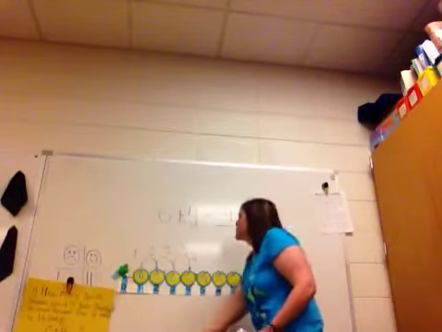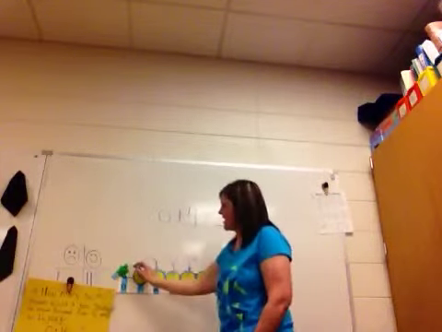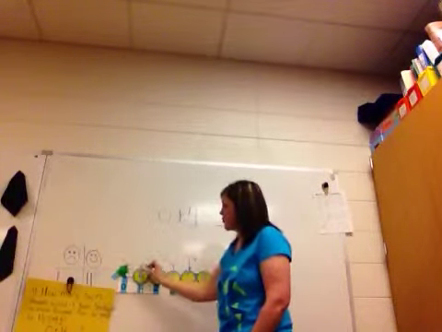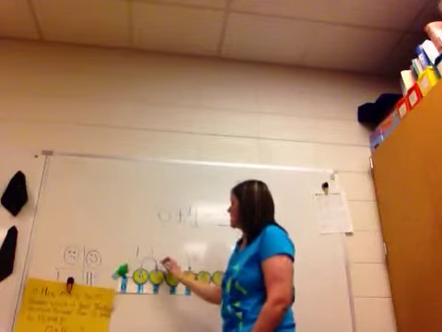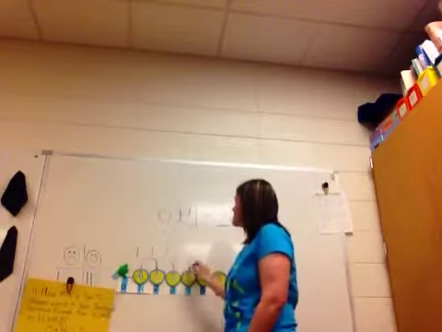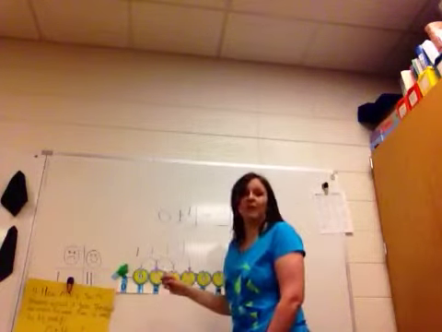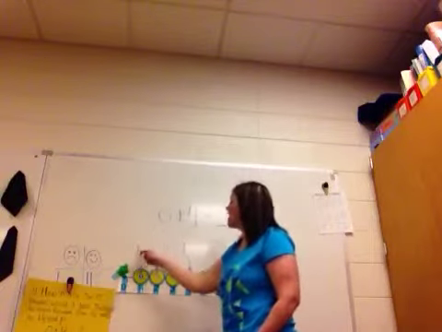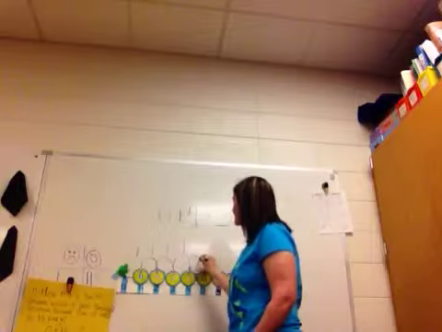We could also write it this way. We know that he did a stroke. 1 tally, he went another one, and another one. So let's add up our tallies. Count with me, get ready. 1, 2, 3, 4. It is the same.